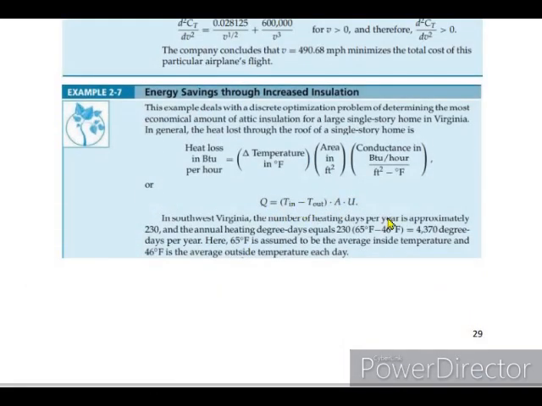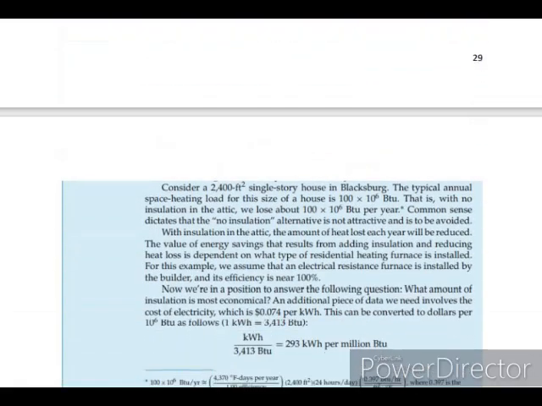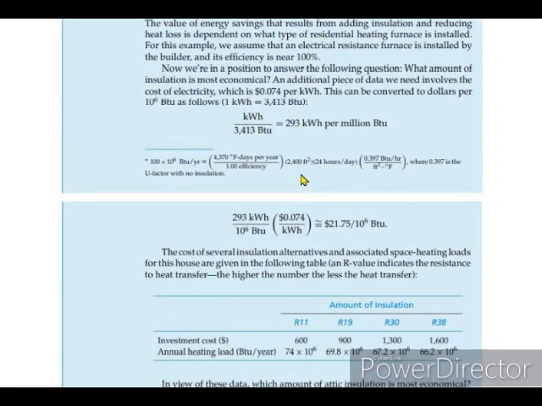We are using this formula, then multiply by 24 hours per day, and multiply by the conductance, where 0.397 is the U factor, or the conductance factor, with no insulation. So simplifying them, we got this. It is approximately $21.75 over 10 raised to 6 BTU.